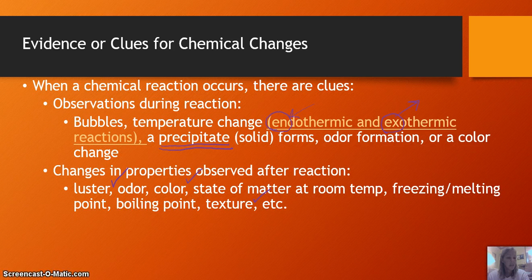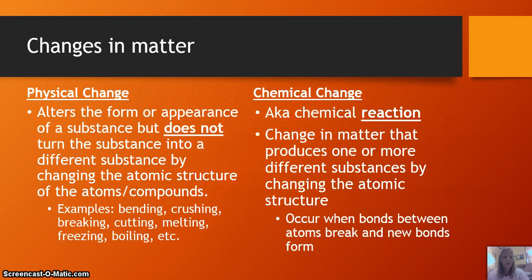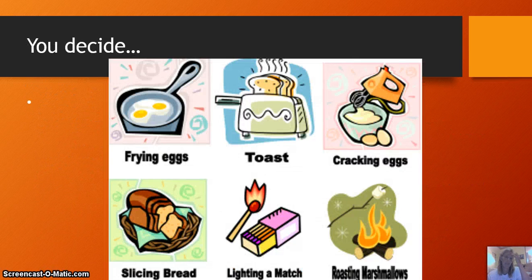Now that we've talked about the definition and some important facts, let's move on now to talk about examples. Here we have 6 items, and let's go through these and see what you think, and I would like you to write them on your paper, whichever one you think it belongs in, under examples. Frying eggs.